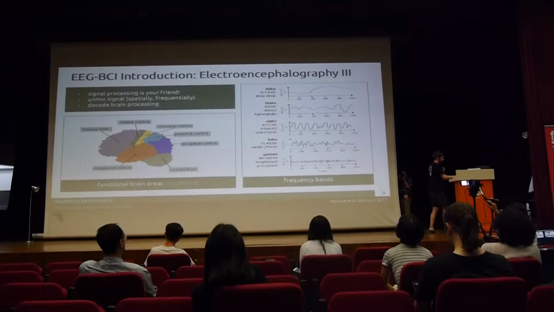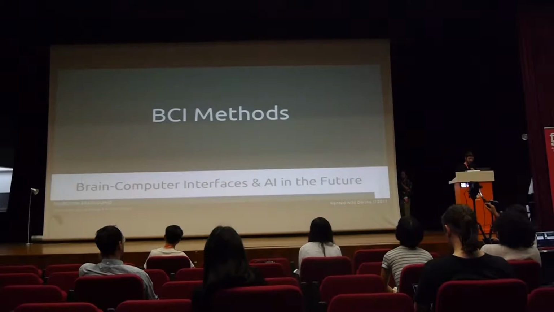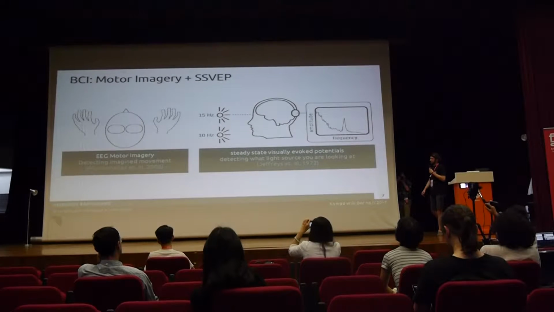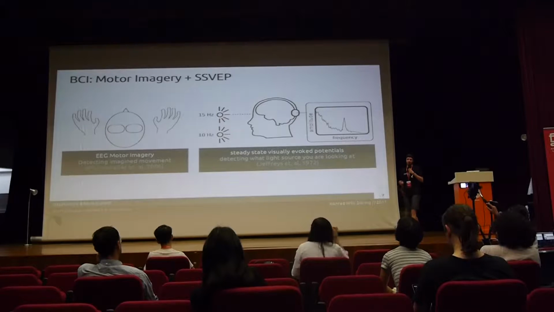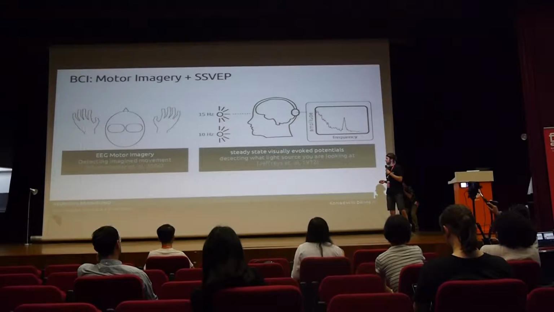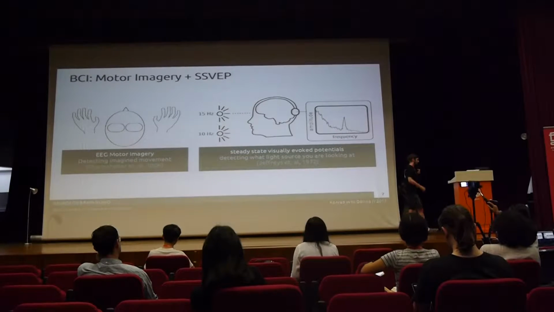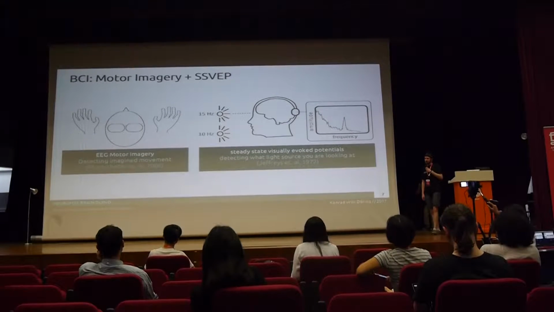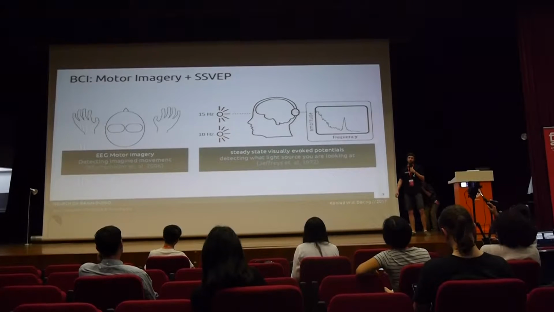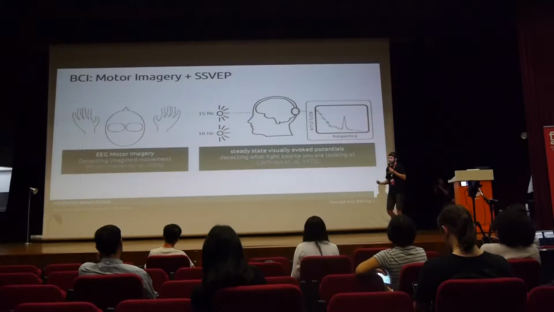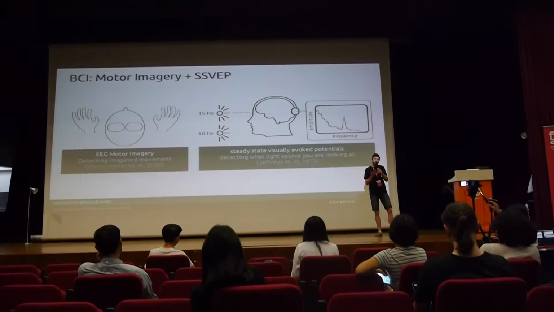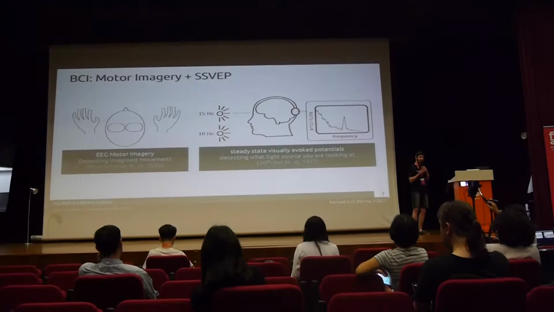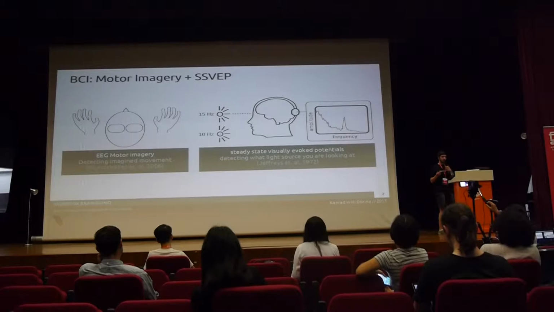And so what kind of tools do we have at hand? For instance, there's motor imagery. This is a way where we can detect if you're thinking about moving your left hand or your right hand, and trigger certain events with this. Then another technology is steady state visually evoked potentials, which is the way we can detect which light source you're looking at by knowing the frequency of how it's pulsating, and it reflects also in the EEG.